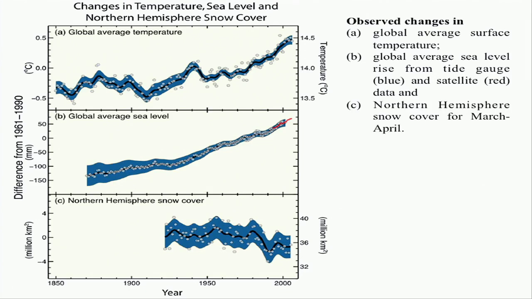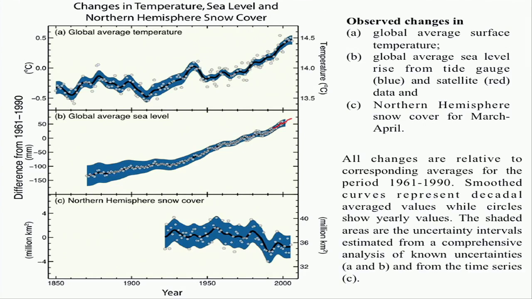And of course, we can also look at northern hemisphere snow cover. Now, the trend is not quite as clear, but certainly over the last half century, we're beginning now to see a decline in northern snow cover. We'll talk a bit more about those in a minute. So remember, all these changes are typically relative to 1961 to 1990.